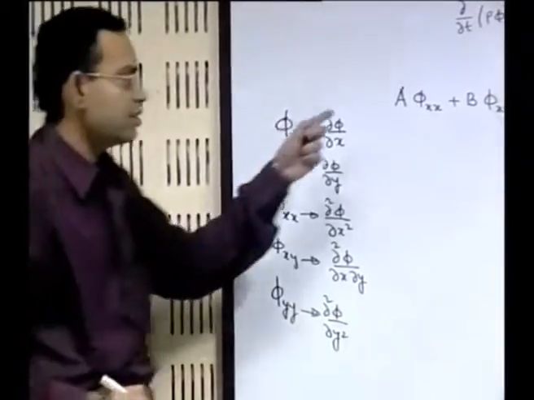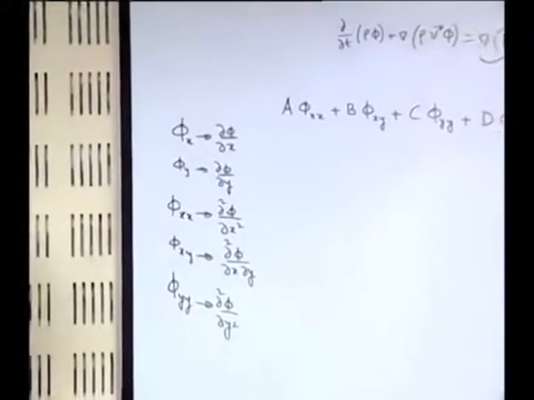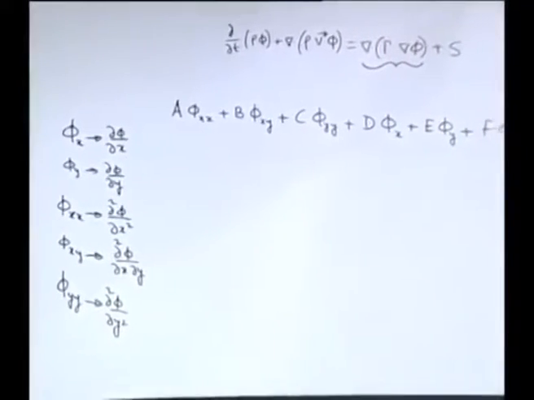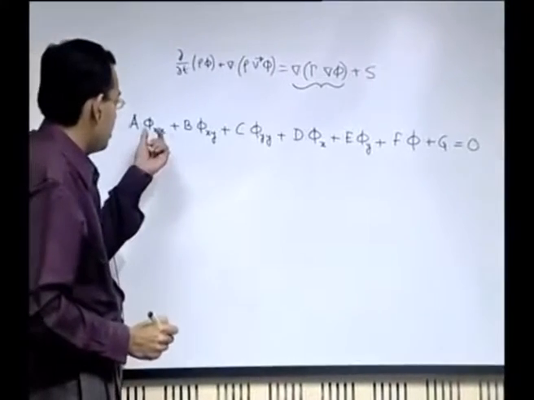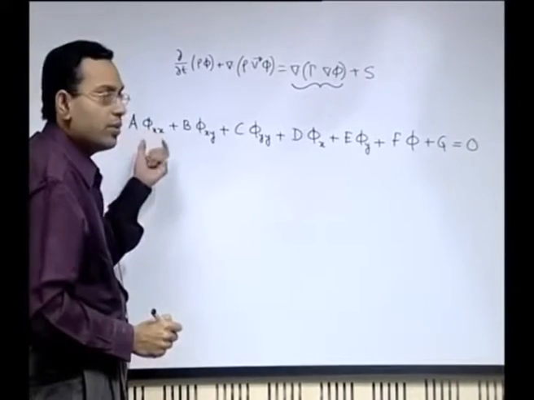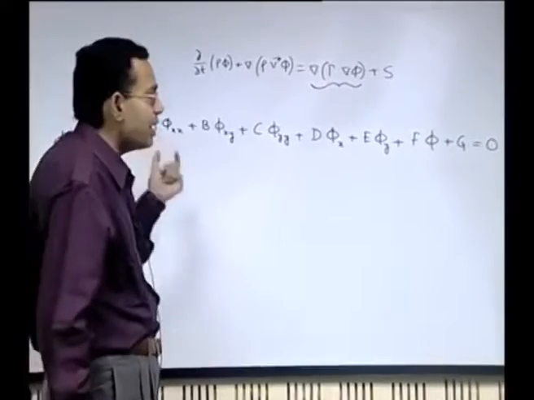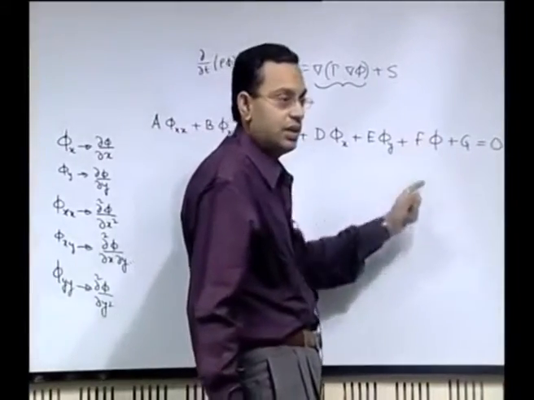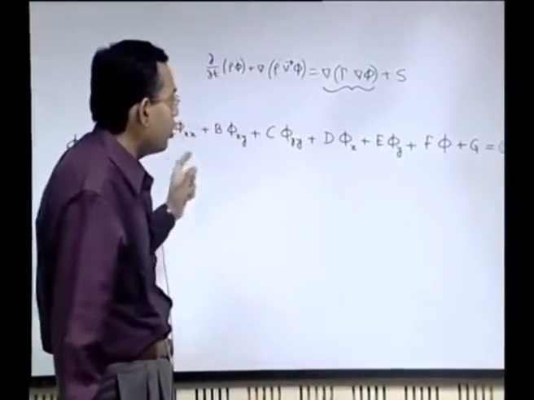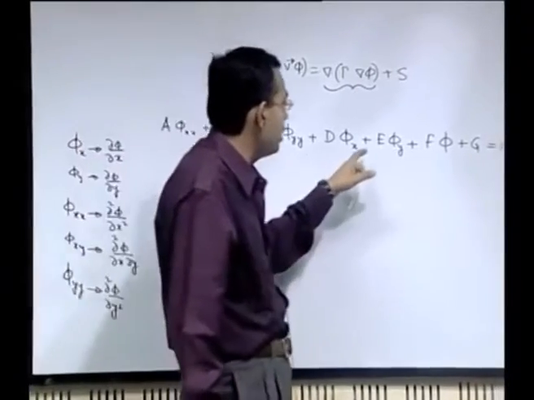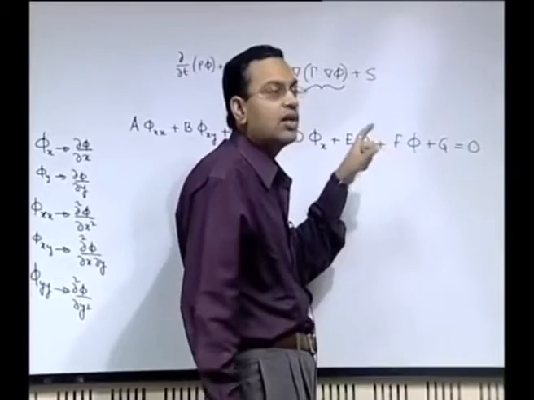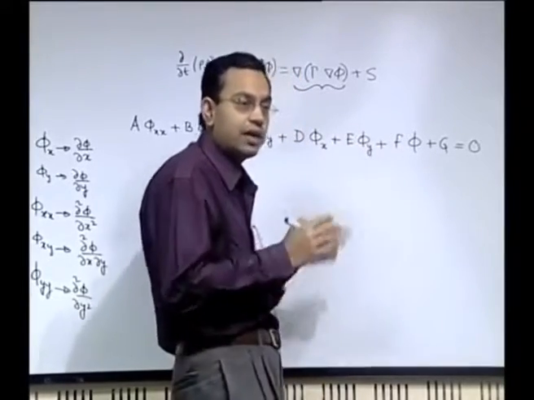So, these are just shorthand notations for writing the different partial derivatives. So, this contains a maximum up to second order partial derivative, that is why this is a second order partial differential equation, and we have retained all possible functional dependencies. Remember this a, b, c, d, these are not constants in general, these could be functions of other variables.